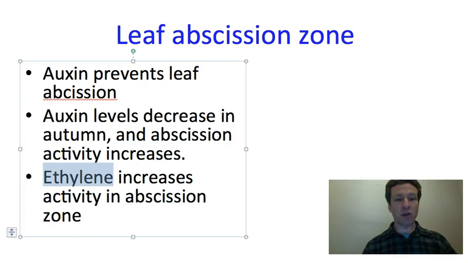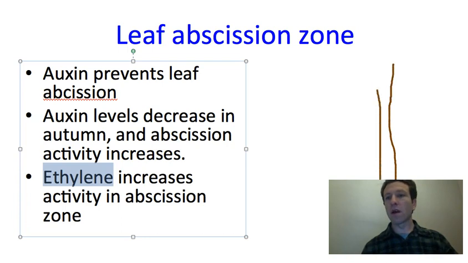And so let's just draw here what this will look like. We might have a plant stem, like so, and then somewhere coming off of it, we will have a leaf, let's say, like so, with the petiole and then the blade.